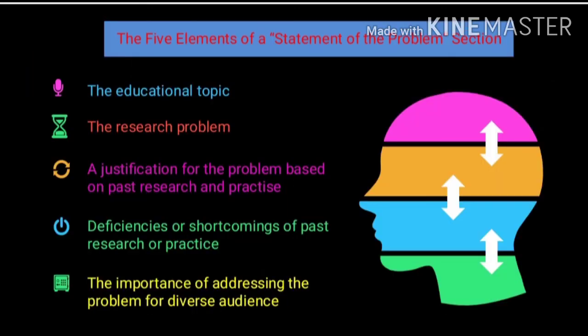After you have identified your research problem, it is time to begin writing about the problem in a statement of the problem section that introduces your research study, namely the educational topic, the research problem, a justification for the problem based on past research and practice, deficiencies or shortcomings of past research or practice, and the importance of addressing the problem for diverse audiences.